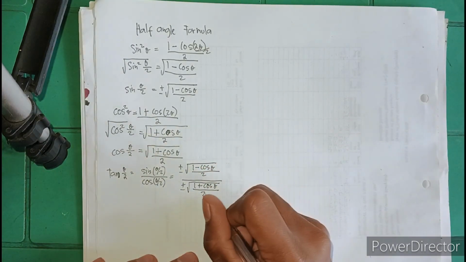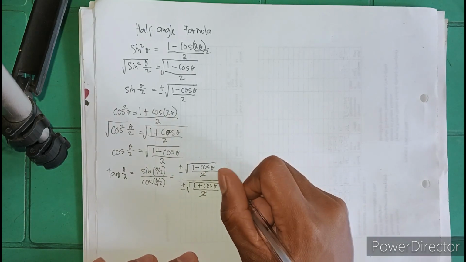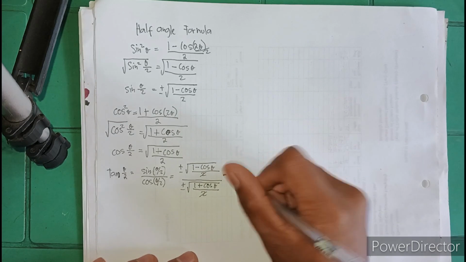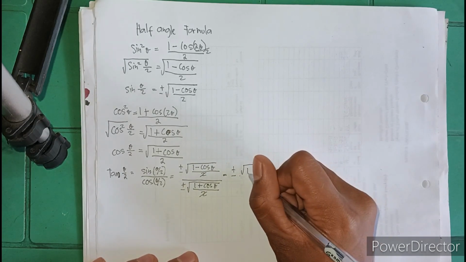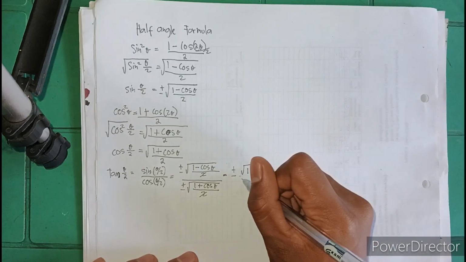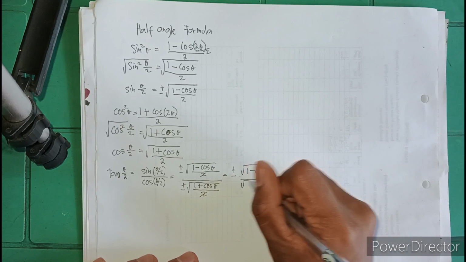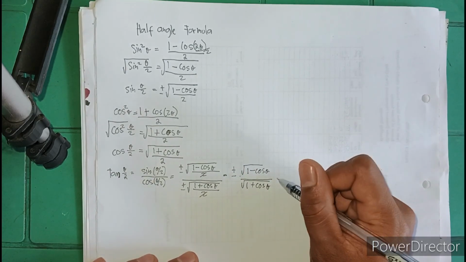So we can get rid of these two here. Then plus minus square root of 1 minus cosine theta over square root of 1 plus cosine theta.